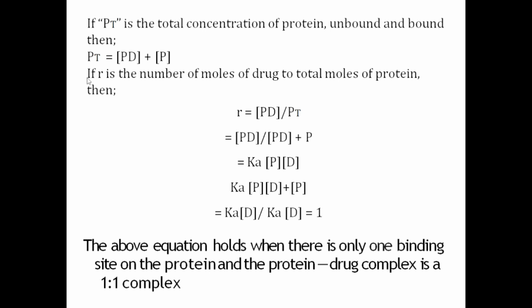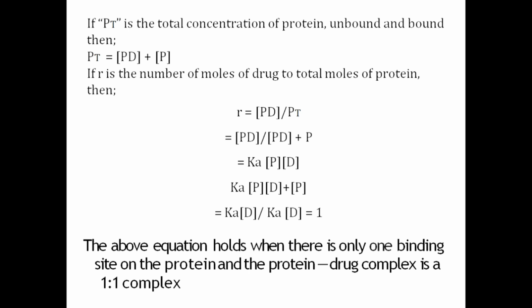Now if Pt is the total concentration of protein, bound and unbound, then Pt equals PD, the protein drug complex, plus free protein P. If r is the number of moles of drug bound to total moles of protein, then r equals PD, the protein drug complex, divided by the total concentration of protein.